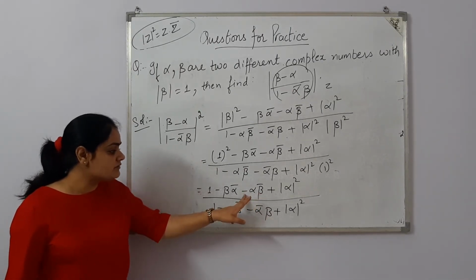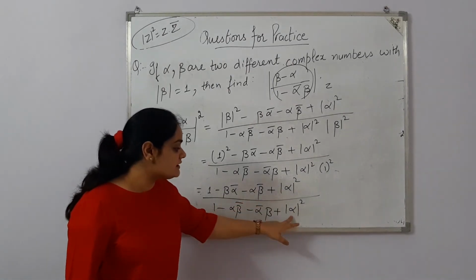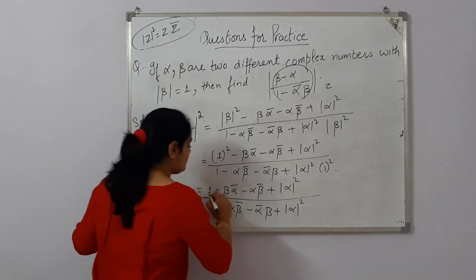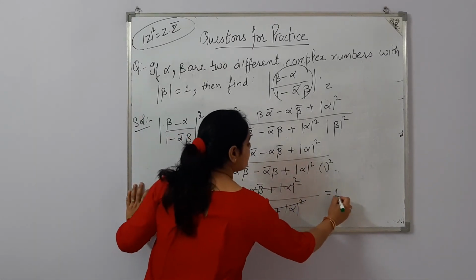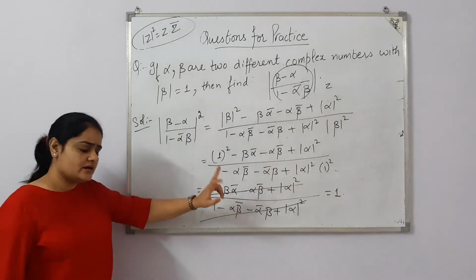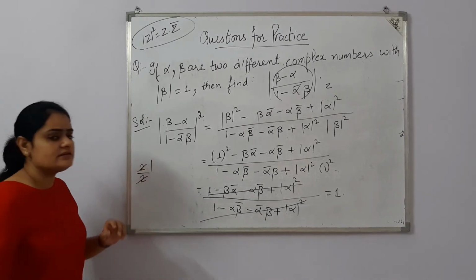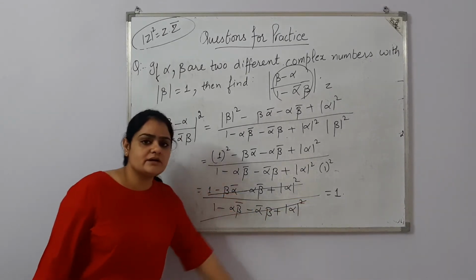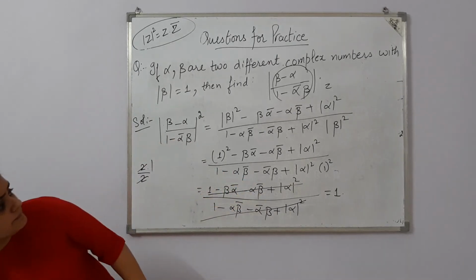Alpha beta conjugate with a negative sign, alpha beta conjugate with a negative sign. Alpha modulus square, alpha modulus square. So the terms are the same, so we can cancel and it becomes 1. Whenever the same term is in numerator and denominator, we can cancel and the answer is 1. So its value is equal to 1.